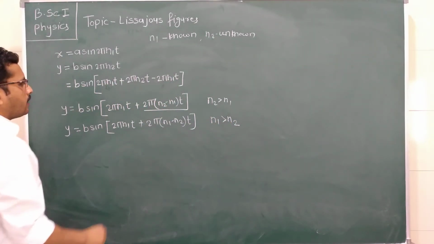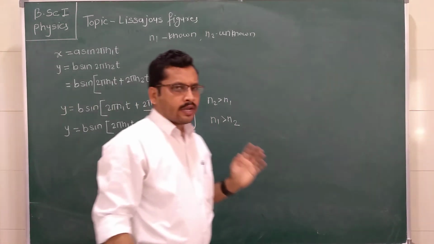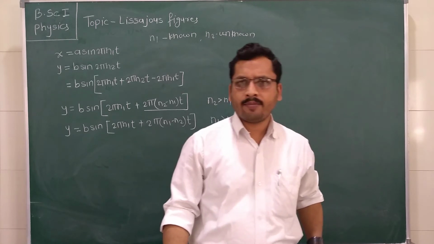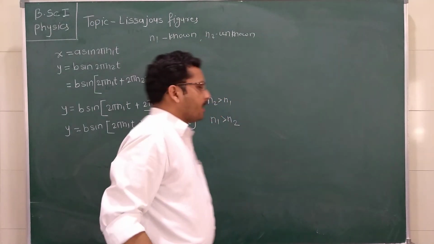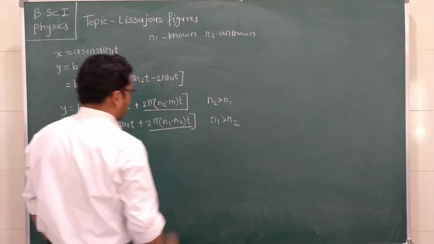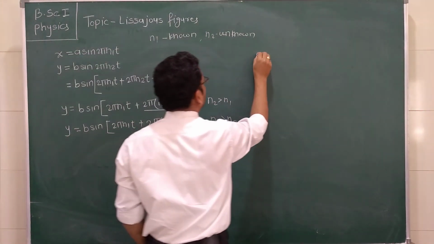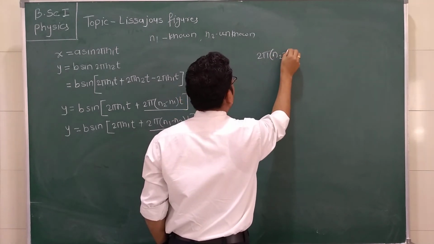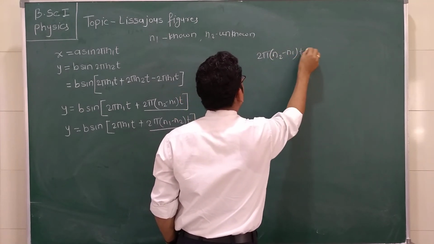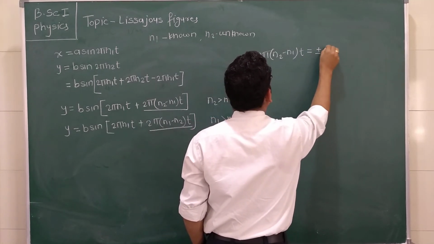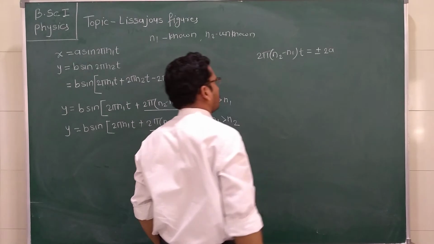Okay, now if this figure undergoes a cycle of change after a regular interval of time small t, then we can equate the phase 2 pi (n2 minus n1) into t to plus minus 2 pi. So after a phase difference of 2 pi radian, it repeats itself after an equal interval of time. So we can write 2 pi (n2 minus n1) into t is equal to plus minus 2 pi.